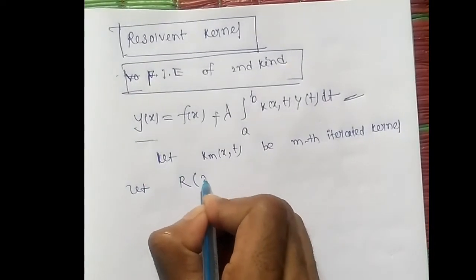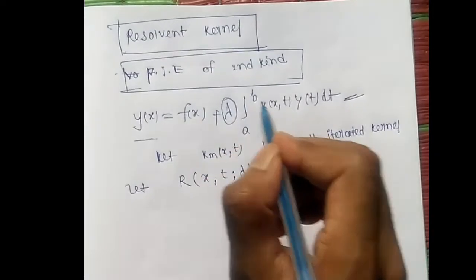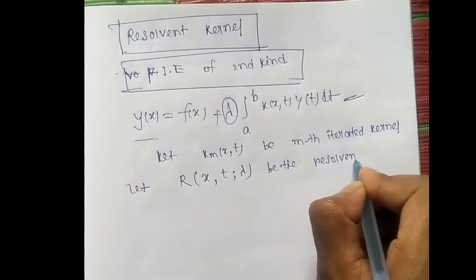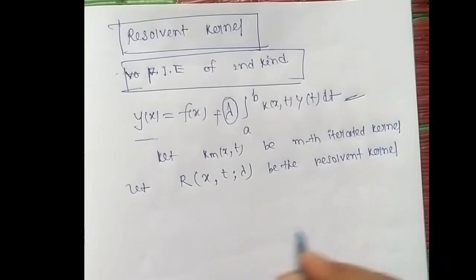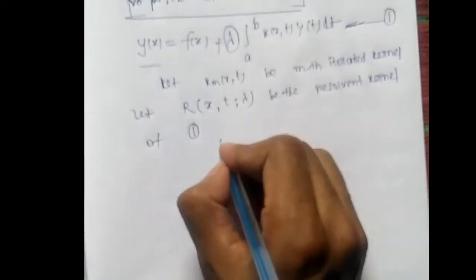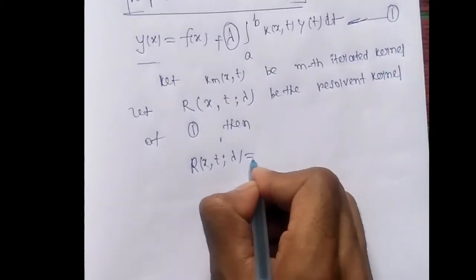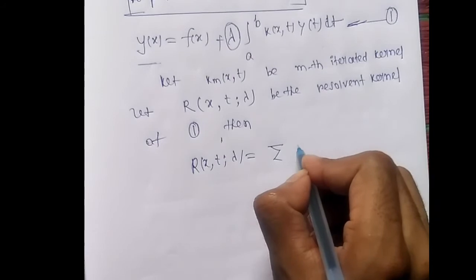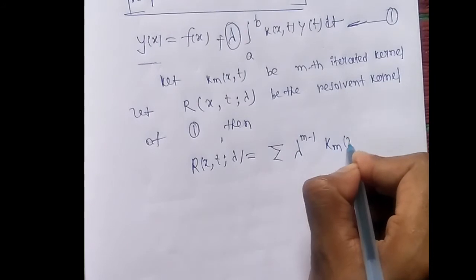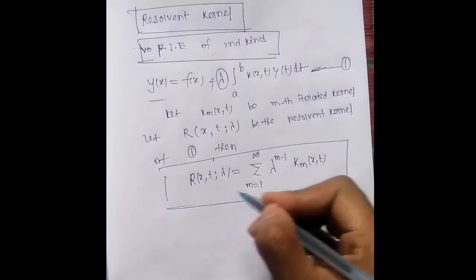Let R(x,t;lambda) be the resolvent kernel of this one. Then we can write R(x,t;lambda) is summation over lambda to the power m minus 1 K_m(x,t), m equal to 1 to infinity, is an infinite series.